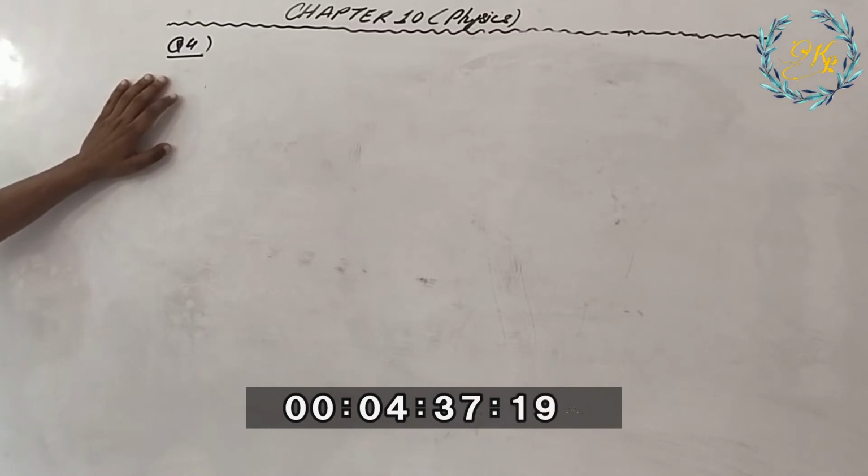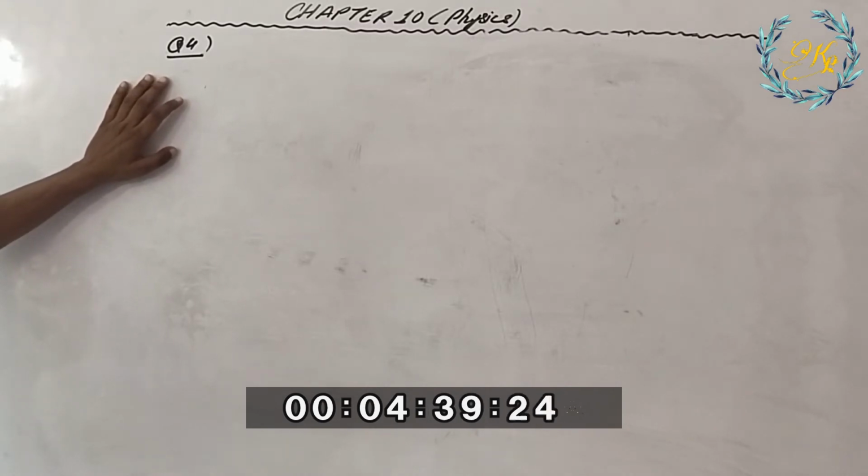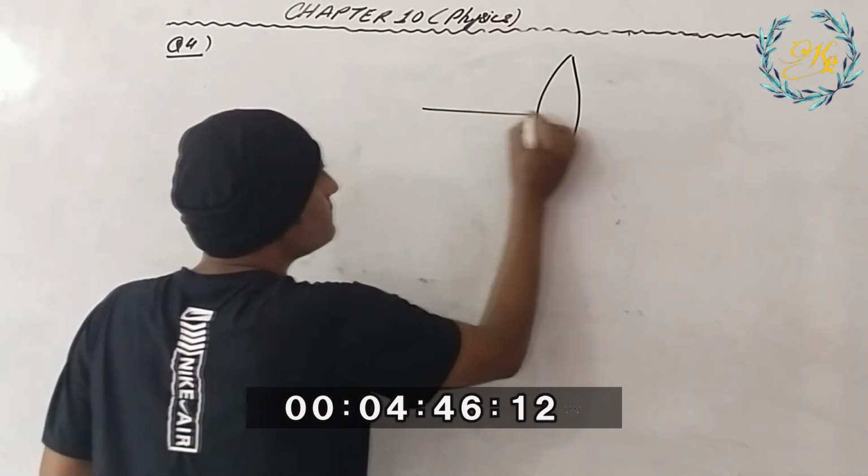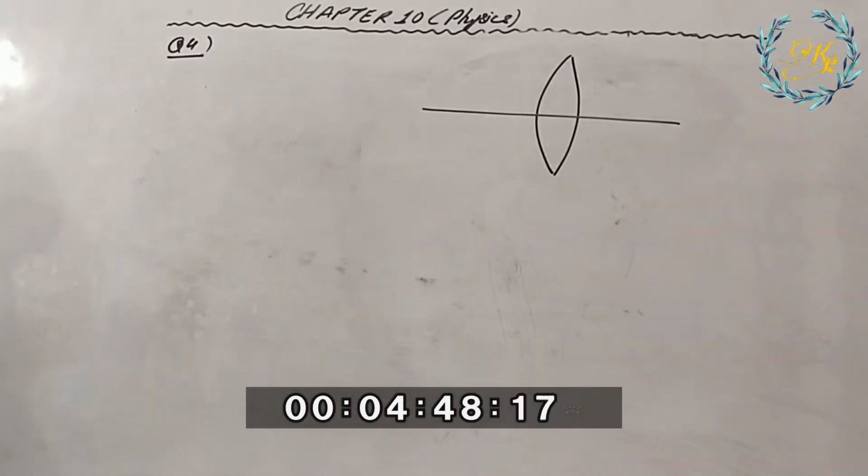Moving to the next question. That's an in-text question, in-text 2 on page number 184. You can see that we are given a convex lens. The convex lens forms a real and inverted image of a needle at a distance of 50 cm from it.